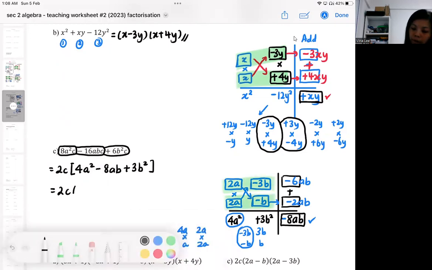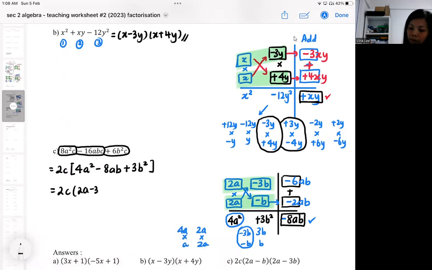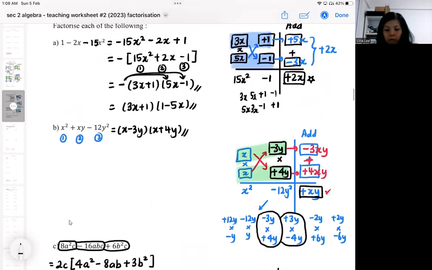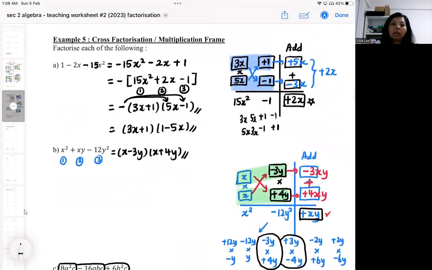My two brackets will be 2a minus 3b, and then 2a minus b. So again, all these are possible that you do mentally. You can do without the working. The working looks quite long, right? But actually everything can be done mentally. You should try to do it mentally.